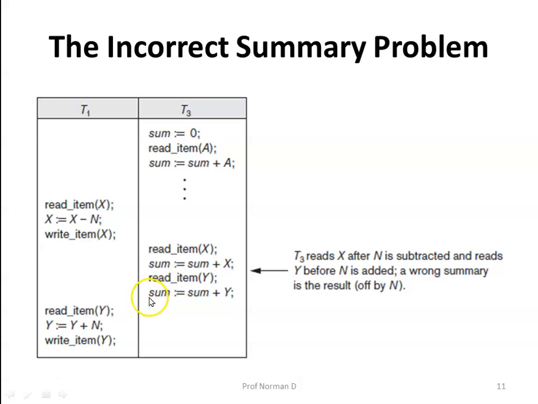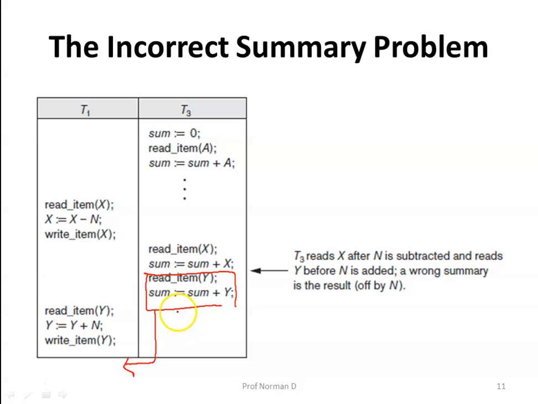So basically what is happening over here is our transaction T3 is an aggregate transaction. This set of operations, read item y and sum equals sum plus y, should have occurred after transaction T1 completes, since it is finding the total number of reserved seats on all the flights. These two operations, the read and the update operation, should have occurred after the write operation of y.